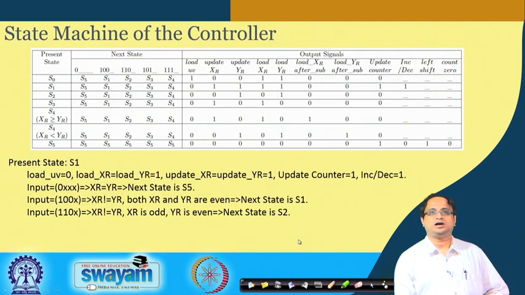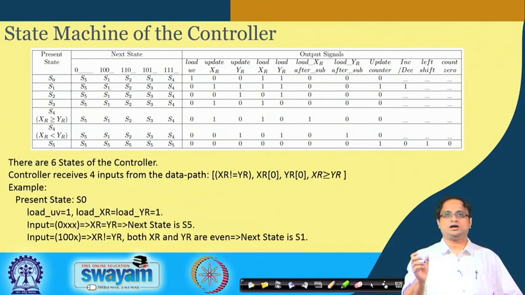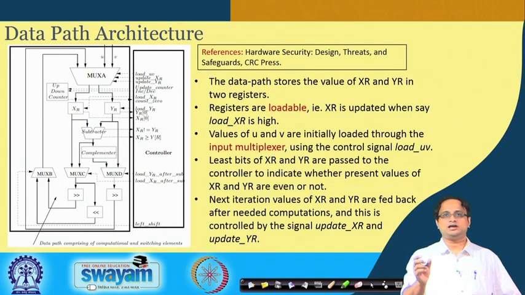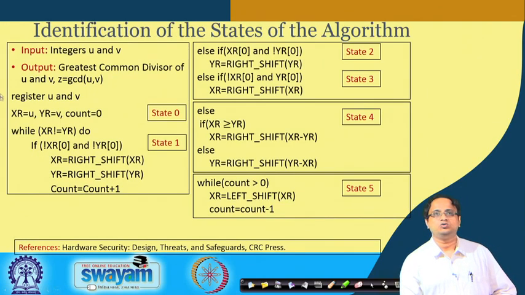So likewise, when the present state is S1, if you go back to the algorithm, when you see that both of them are even, you do a right shift of XR and a right shift of YR, and you update XR and YR.